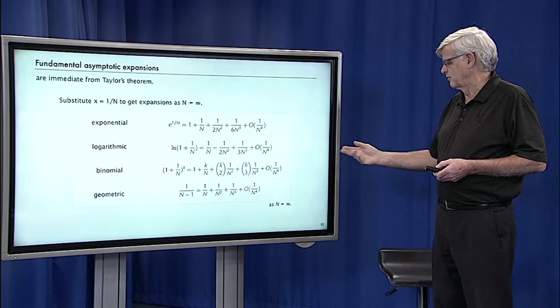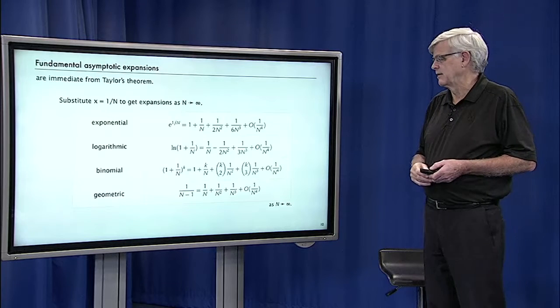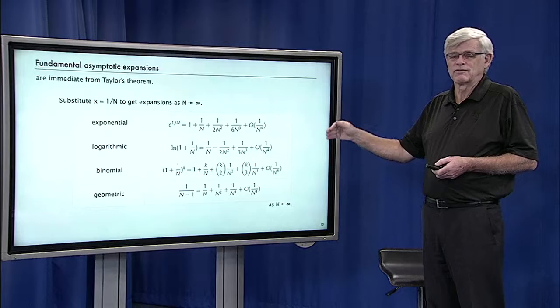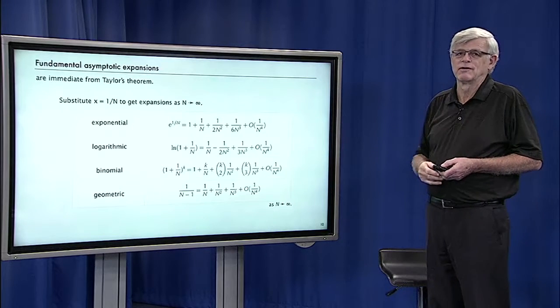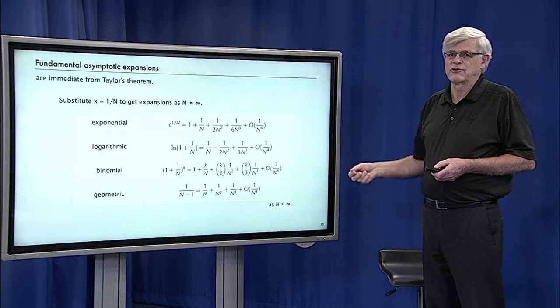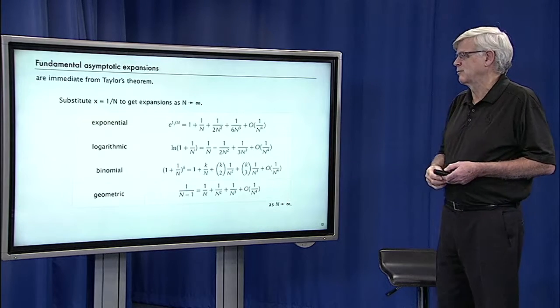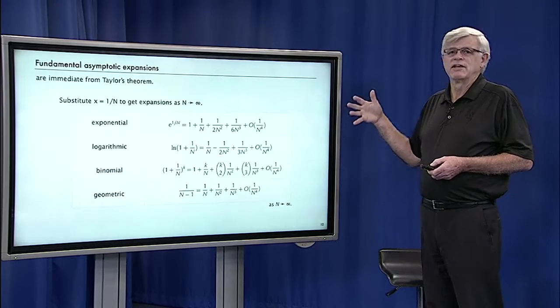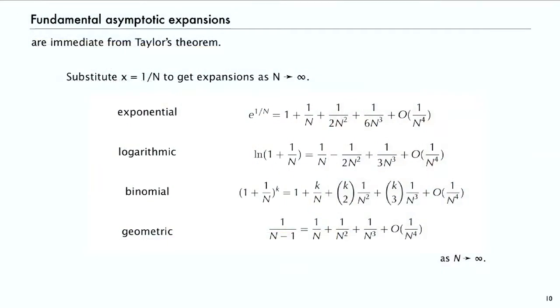Anyway, that's what you get when you plug in 1 over n in the straight geometric series. What it says is that 1 over n minus 1 is really close to 1 over n. For 1,000,000, again, the next term out wouldn't happen for 12 decimal places. So those are the basic building blocks of the asymptotic expansions that we work with.